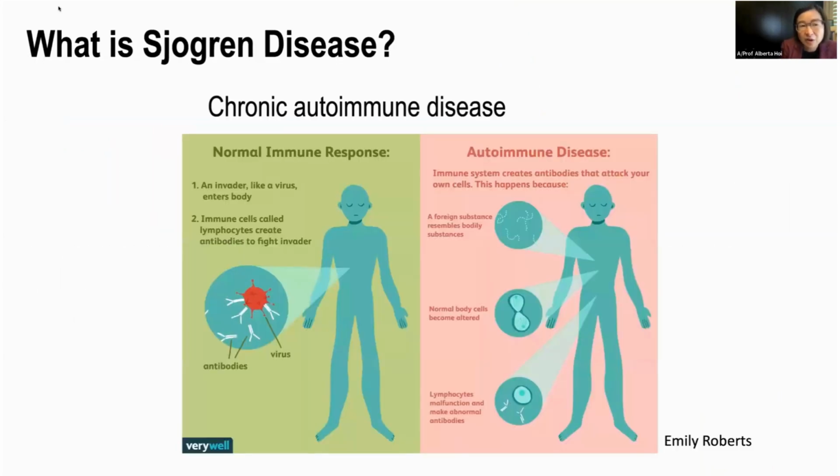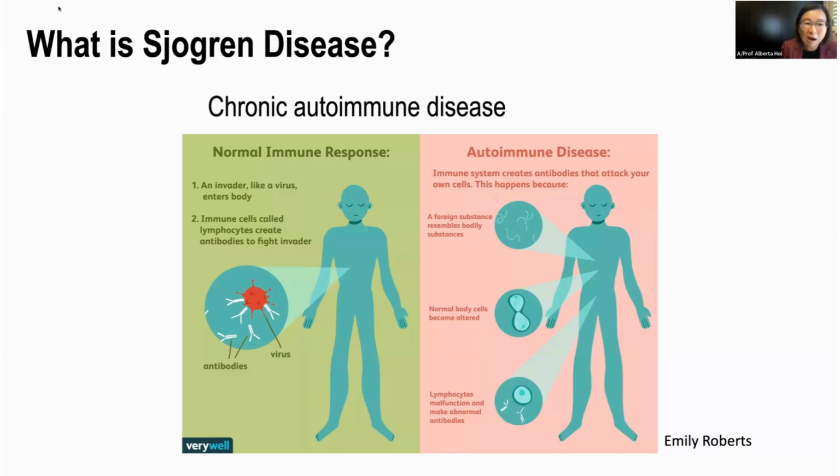So, what is Sjogren's disease? It is a chronic multi-system autoimmune condition. I think many of you in the audience might see different types of autoimmune disease and understand the concept of that.